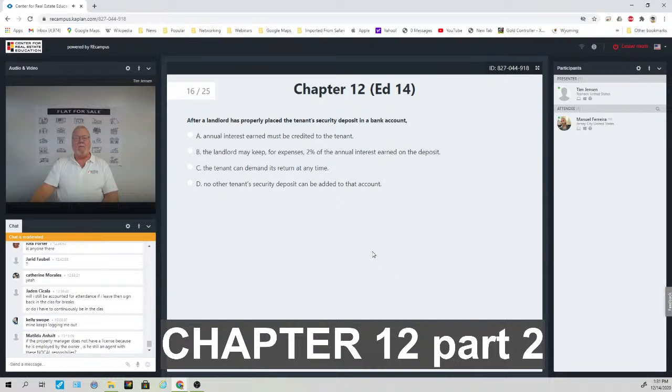Number 16. After a landlord has properly placed the tenant security deposit in a bank account, then what?